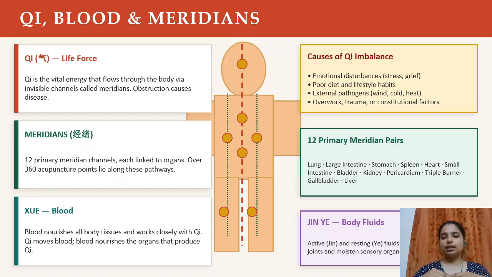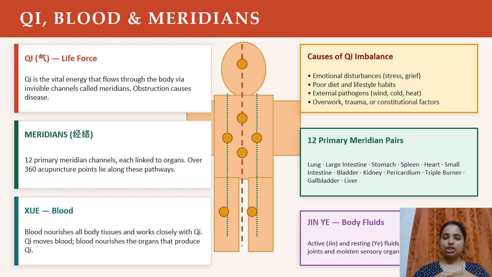The causes include emotional disturbances, poor diet and lifestyle habits, external pathogens, and trauma or overwork or constitutional factors. So these four sets are the causes of ki imbalance. And the life force or ki is supposedly moving the blood through the tissues or the vessels, and the blood nourishes the organs that produce ki. So both ki as well as blood work together.